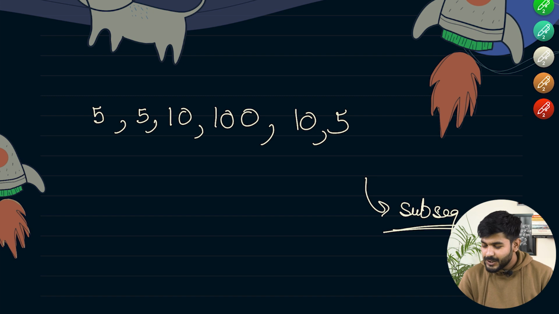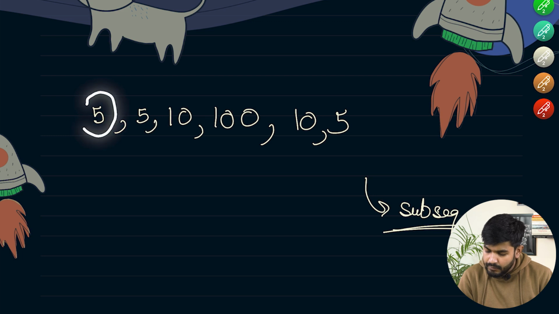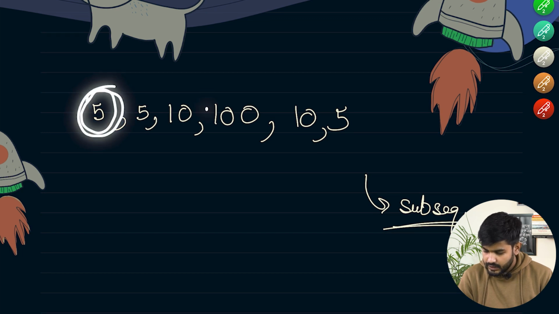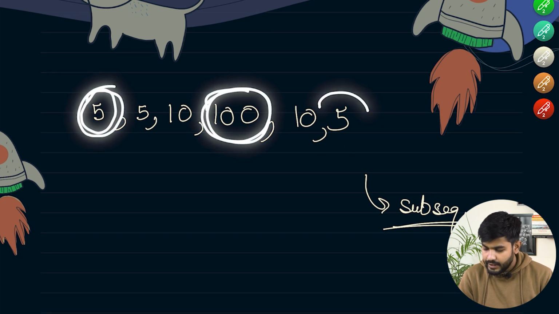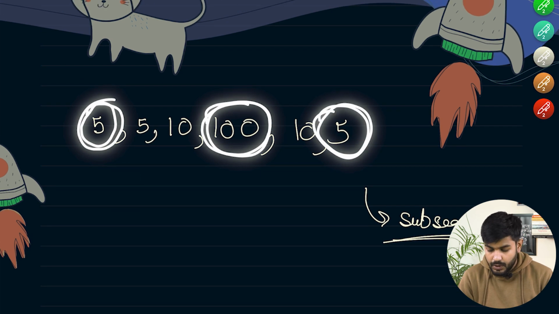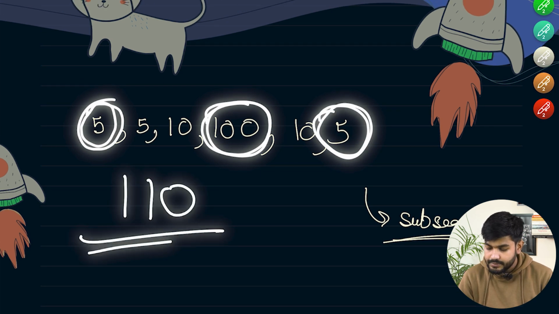There is one more constraint to remember, that is the numbers shouldn't be adjacent. That is, if you see 5, 100 and then again 5, which is equal to 110.